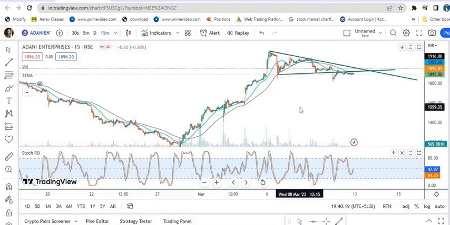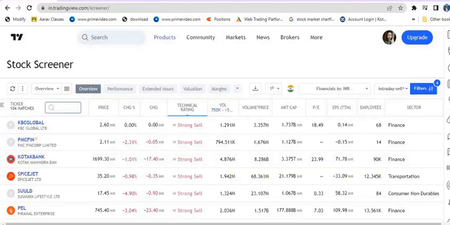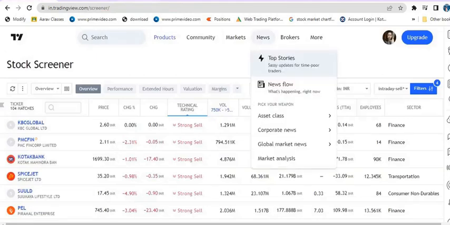Analyze using any strategy you know, or you can use this strategy, that is the breakout strategy I have explained in my videos. And if you find any good trade, execute the call with predefined stop loss and target. Okay, so that's it for selecting the stock using screener.